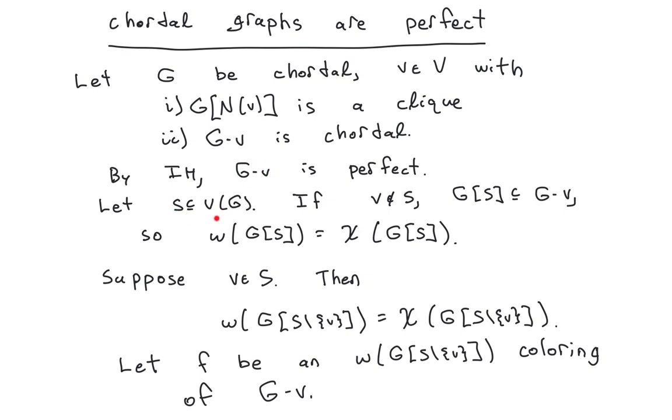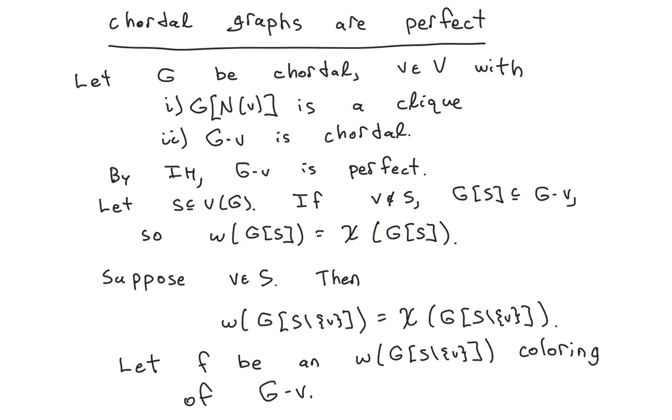So now I need to show that G is perfect, which means I need to show that the clique number of any induced subgraph of G is equal to its chromatic number. And so let's take a subset of vertices S. If V is not in S, then the induced subgraph on S is actually a subgraph of G minus V. And since G minus V is already perfect, we already have this equality in that case.